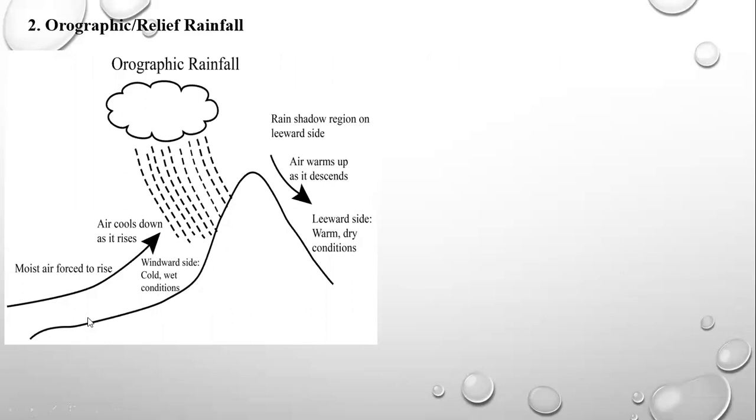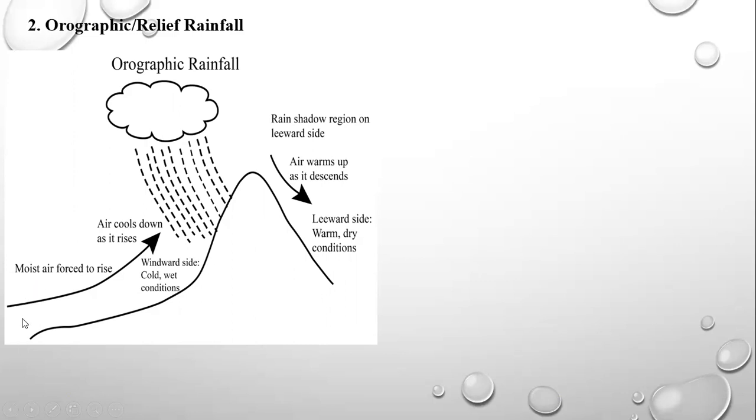Now, here is how orographic rainfall looks like. What is key for there to be orographic rainfall or relief rainfall is a mountain barrier. So you need to have a mountain barrier. What happens is that you have moist air coming from the sea on one side.